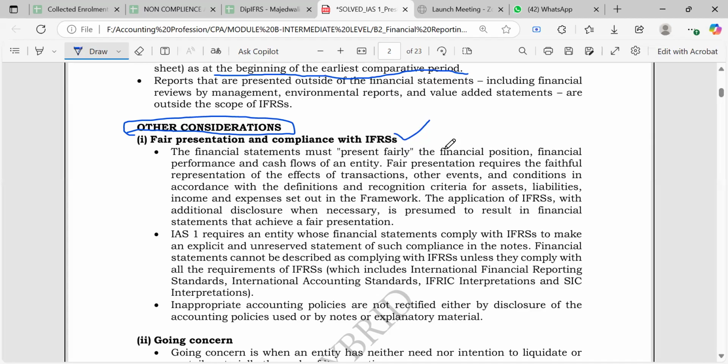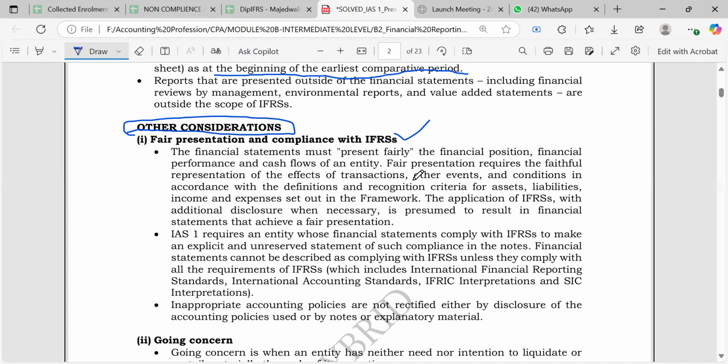Fair presentation requires the faithful representation of the effects of transactions, other events, and conditions in accordance with the definition and recognition criteria for assets, liabilities, income, simply speaking, for all items included in those statements, right?